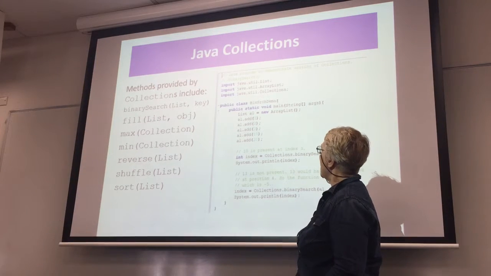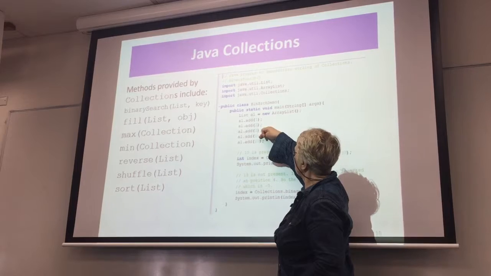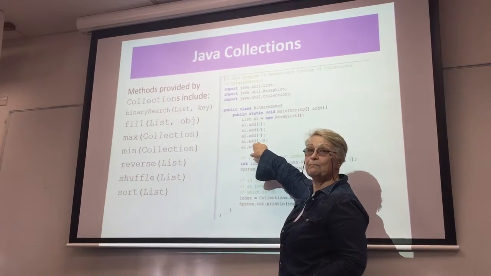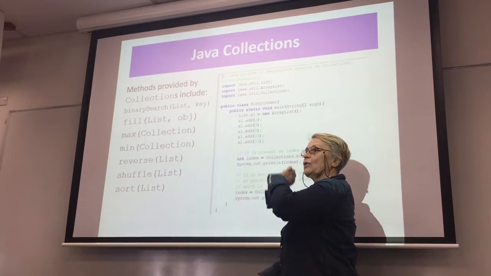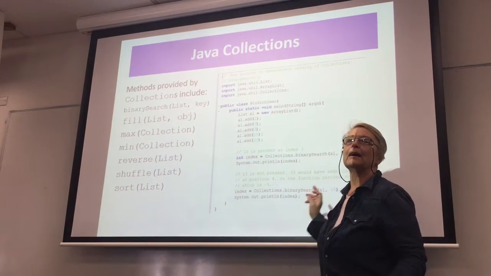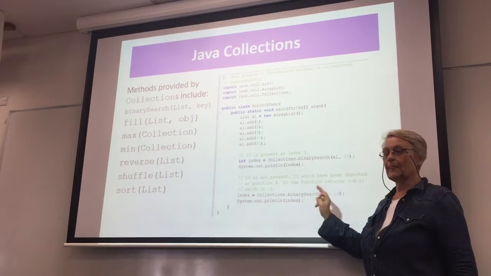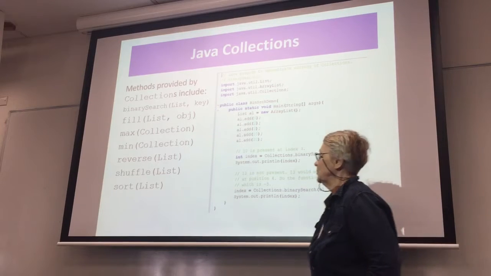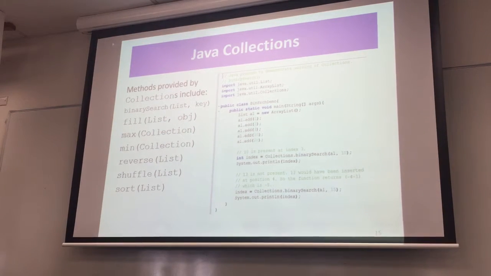So it might be on the 4th place, 0, 1, 2, 3, 4. It should have been there if it was in the collection. Subtract 1 just to make sure that there is no confusion, and we get -5. This is displayed. And it's interesting to know why you have to subtract 1.